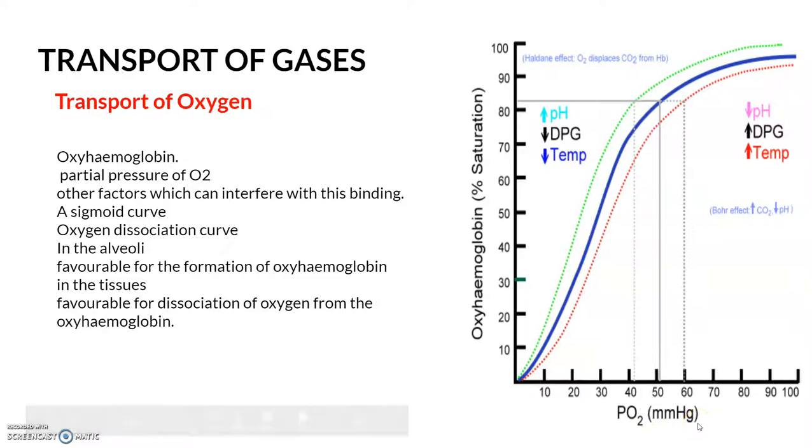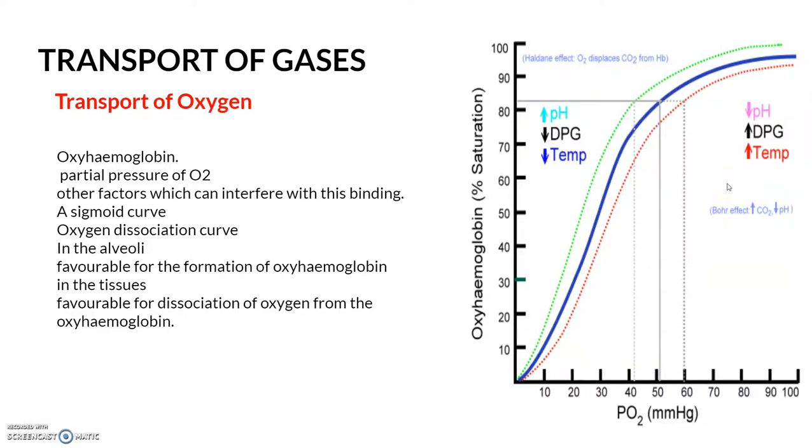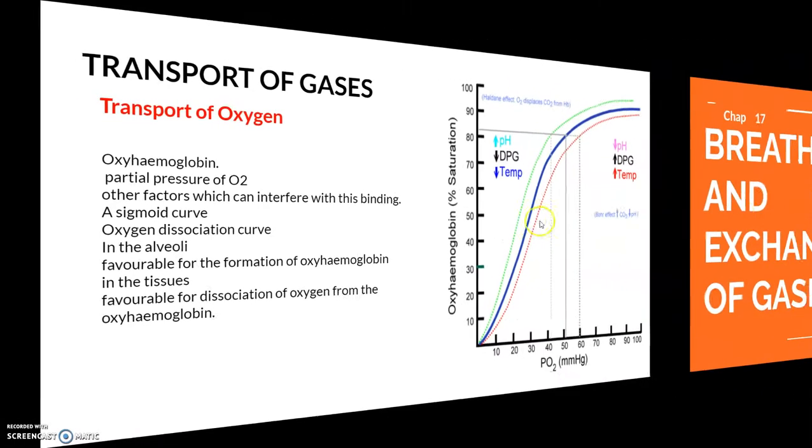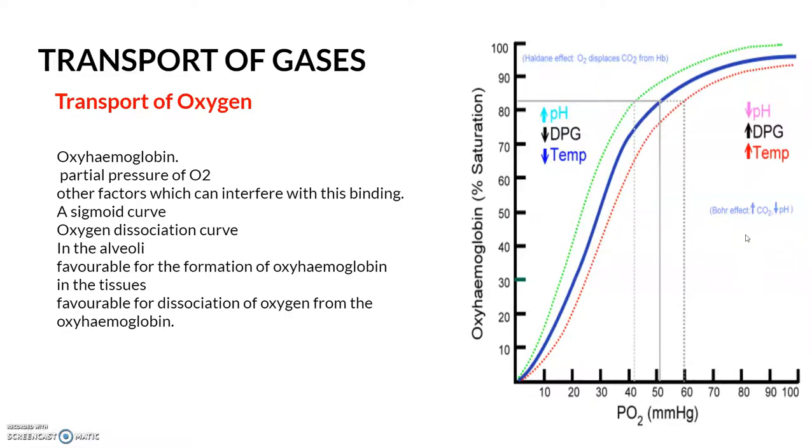This curve is called the oxygen dissociation curve and is highly useful in studying the effect of factors like the partial pressure of carbon dioxide, hydrogen ion concentration and other factors which interfere with the binding capacity of oxygen.